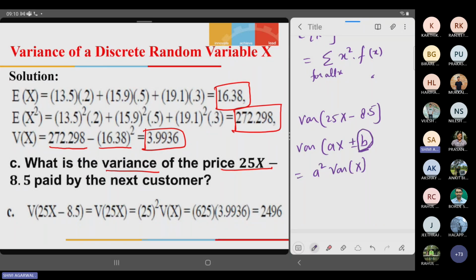That's why the variance of b is always 0. Whatever is added or subtracted hardly matters for us, plus 0, minus 0. So the variance of 25x minus 8.5 is 25 square into the variance of x. 25 square is 625 multiplied by the variance of x. This is 2496.